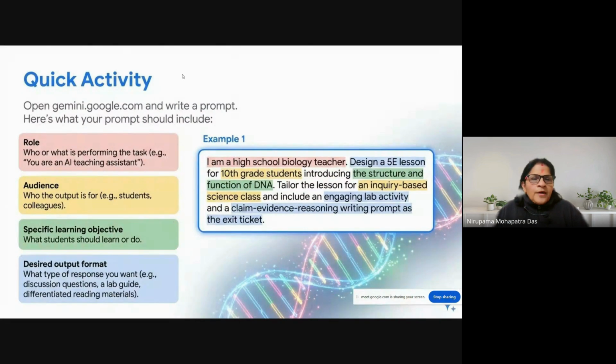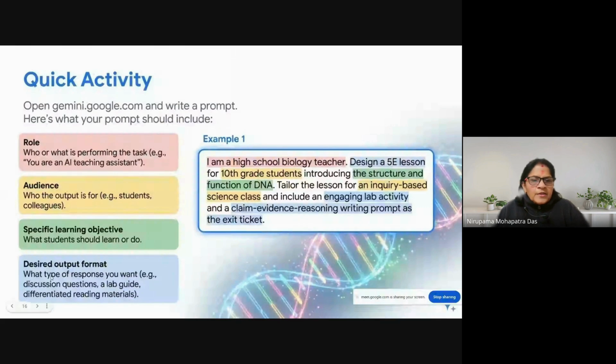Okay, quick activity here. Open Gemini that I have shown you, gemini.google.com. Write a prompt. Here is what your prompt could include: role, who or what is performing the task, means you are an AI teaching assistant, or like I am a high school biology teacher. Audience, who the output is for, recipients, means your 10th grade students.